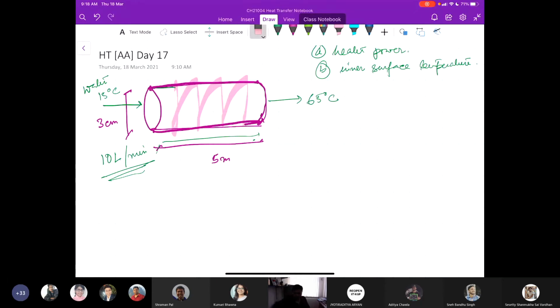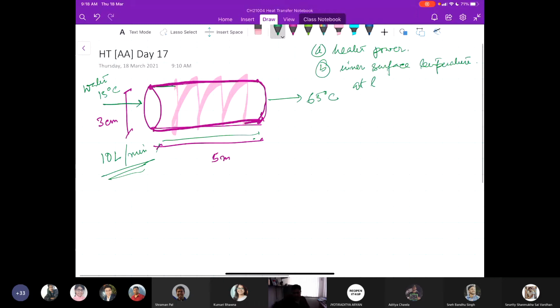So the question is now rephrased as the inner surface temperature at the exit, where the fluid is at 65 degrees centigrade, what is my TS at this exit? These are the two questions.